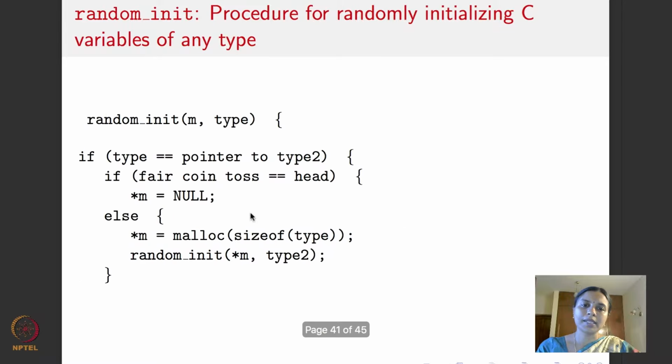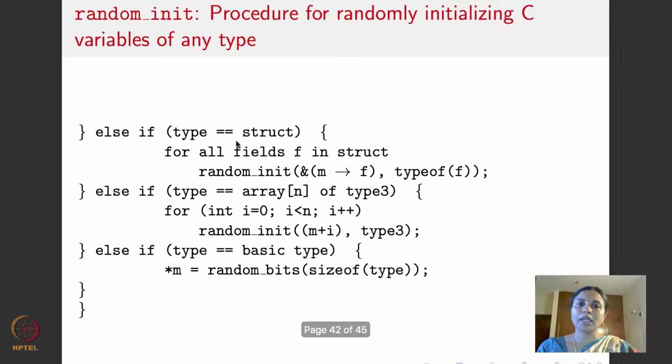So this tells you that the random initialization function does a correct random initialization based on whether the type is a pointer, a struct, an array, or one of the basic types. Whatever it is, it correctly allots a random input of that type that is compatible in size.